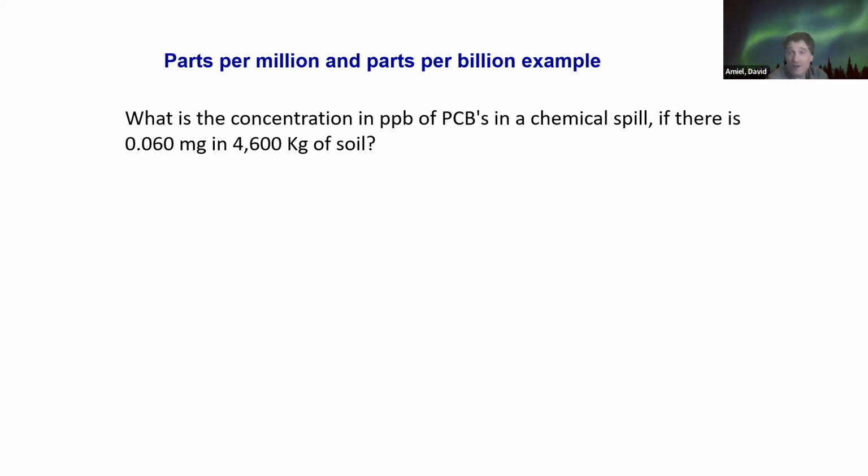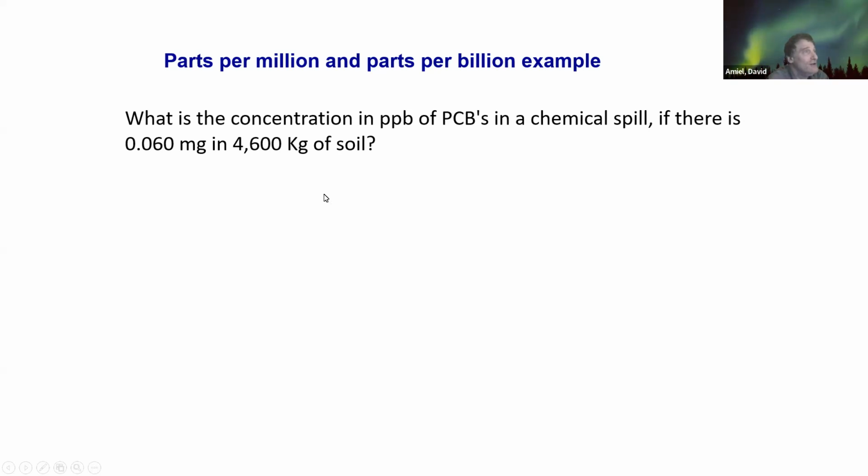This is where the EPA has to step in and say what the limit is on the amount of PCBs that can be contained in soil. So figuring out the concentration of the PCB is very important.